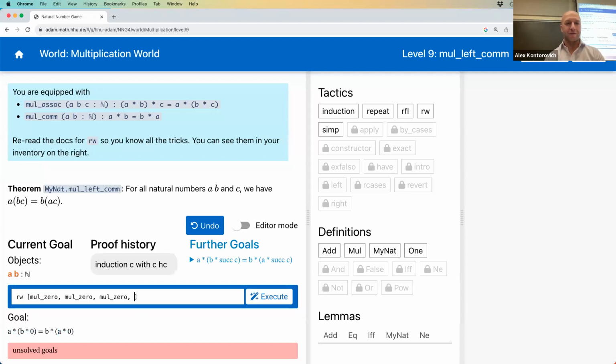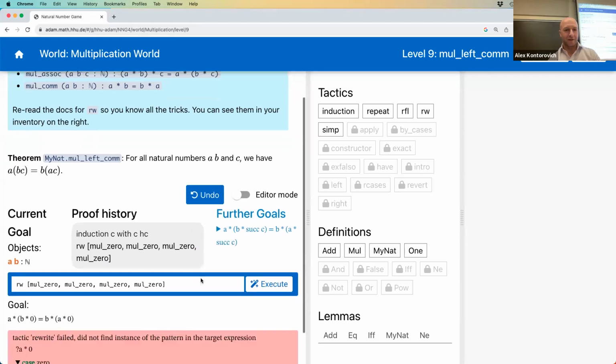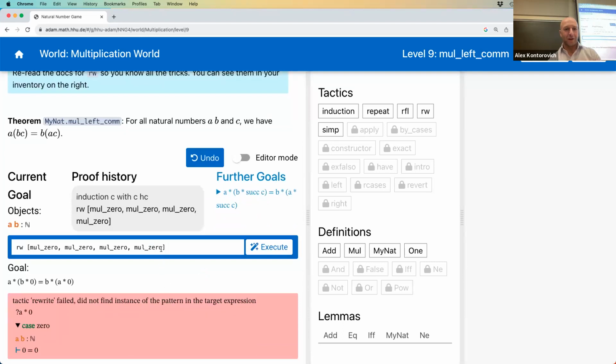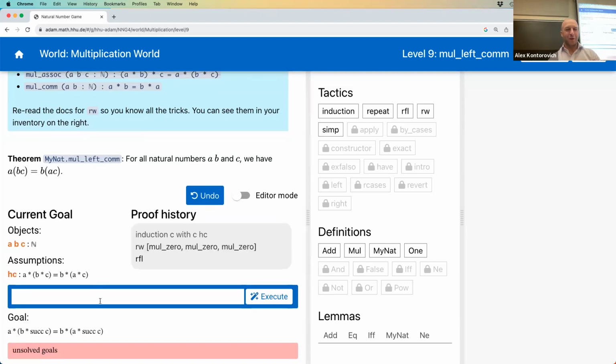I need actually 4 of them, to pull everything out. Oh, 3, I guess. That is 0. That's 0. Just try the 3 and see what it says. Yeah, 0, 0. Fine. We can go back and figure out why it was only 3 and not 4, like I thought. Mul_succ.